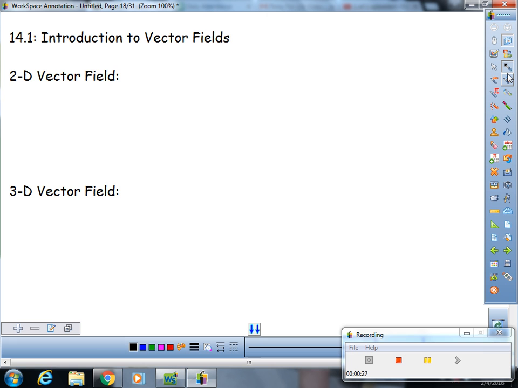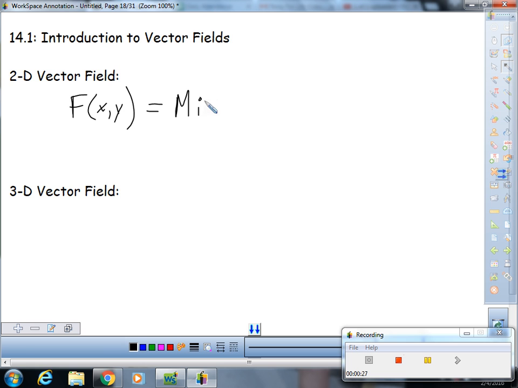So, by definition, a vector field is a function where you input independent variables x and y, and what you get out of that is a vector. Okay?